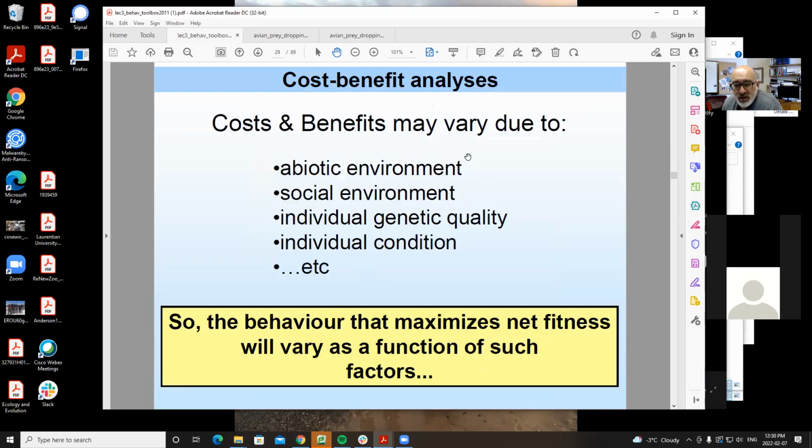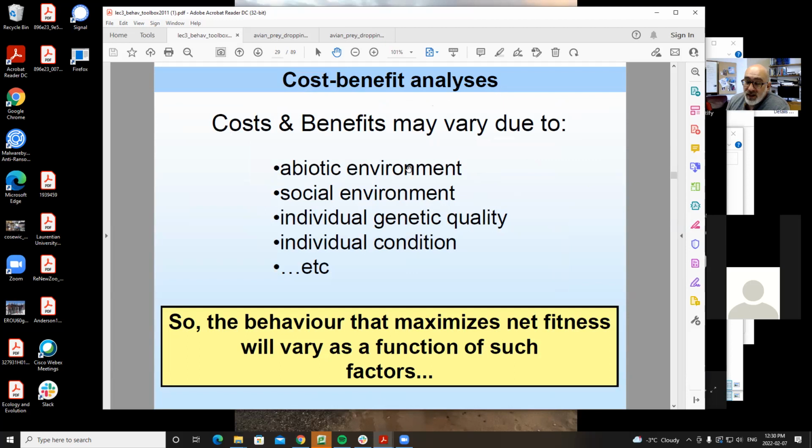So I think we'll stop there, but just to make a point that the costs and benefits may vary due to aspects of the abiotic environment. So, imagine wind speed, right? If it's a windy day, that will increase the costs of flying.